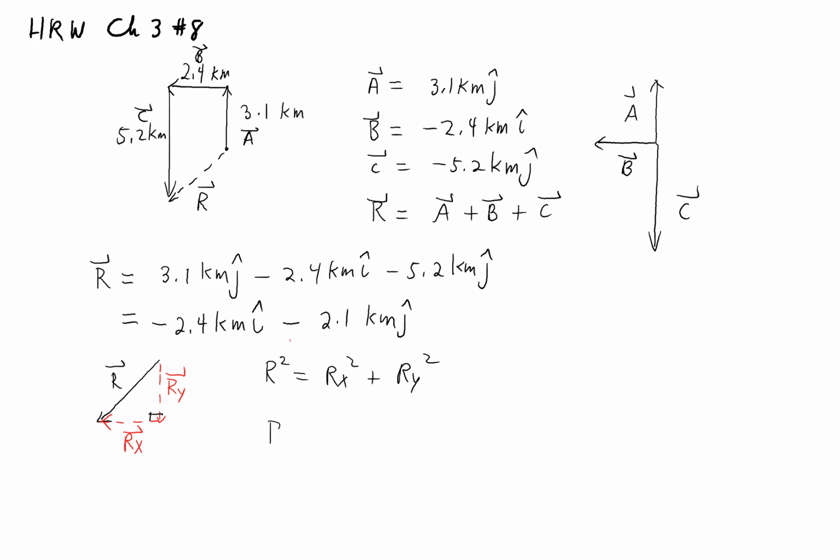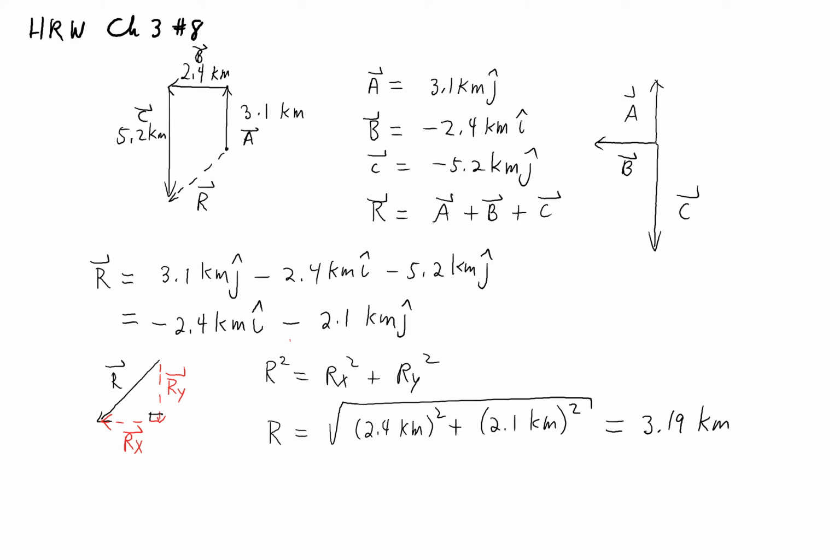And then you would find that R equals the square root of 2.4 kilometers squared plus 2.1 kilometers squared. You don't have to put in those minus signs because when you square it, they go away anyway. So then you plug it into your calculator and you will get something like 3.19 kilometers. Don't forget your units.